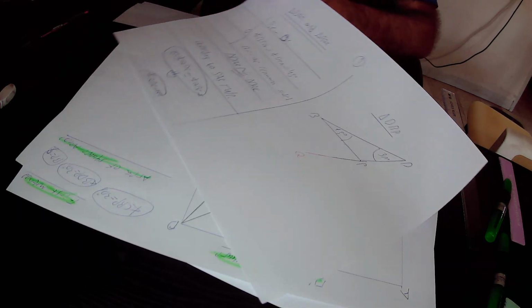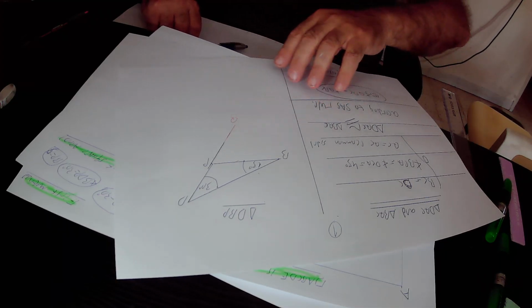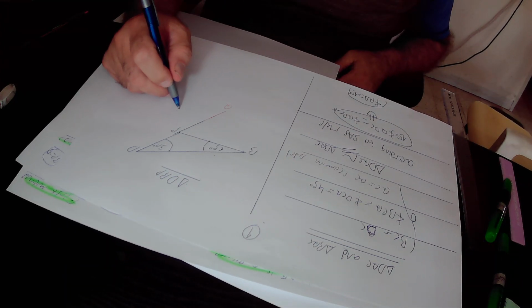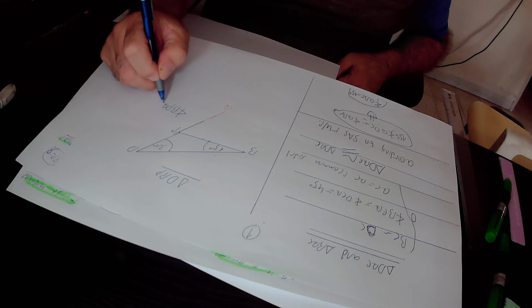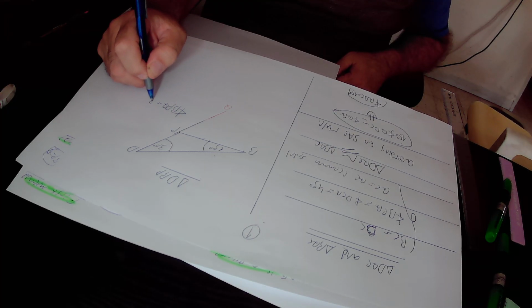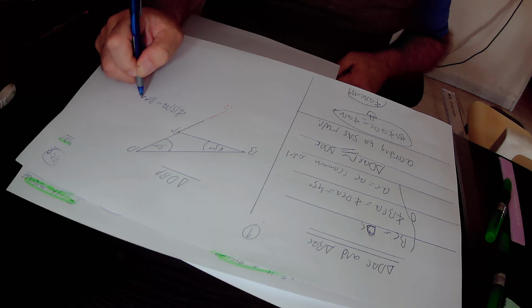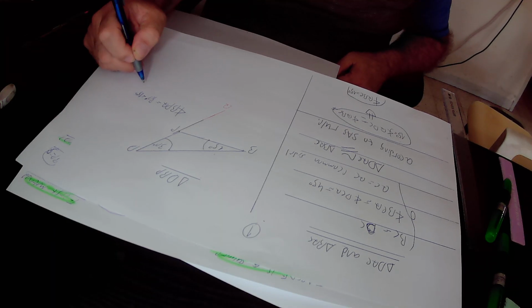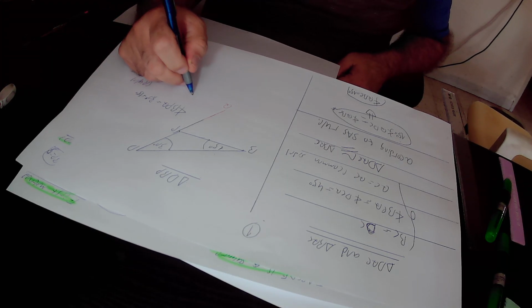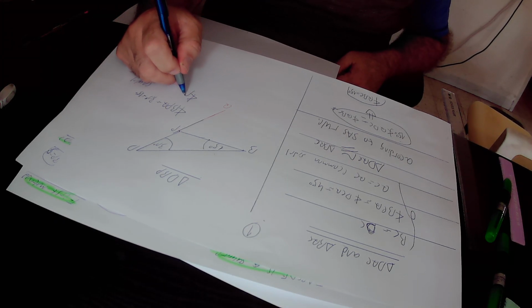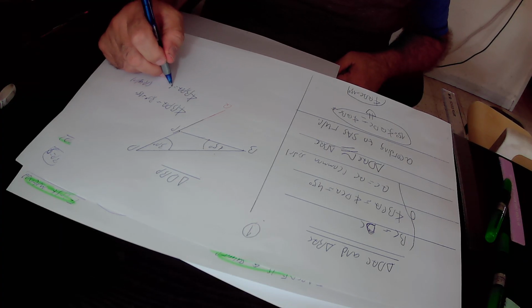Again, this is BPQ. The extrangle BPQ is equal to 30 degrees plus 15 degrees according to rule 8. So the missing angle BPQ is equal to 30 degrees plus 15 degrees, which is 45 degrees.